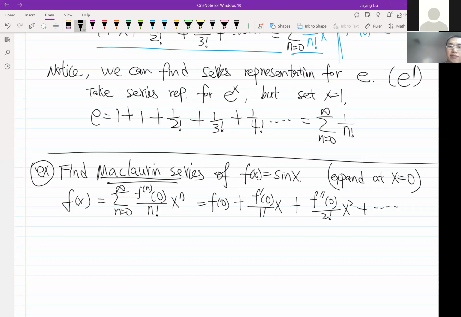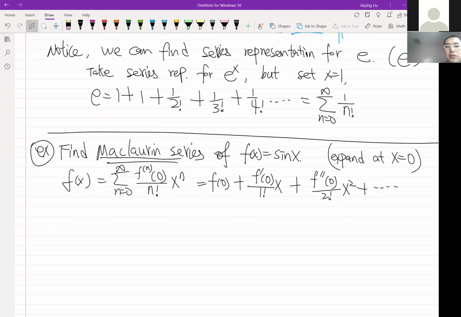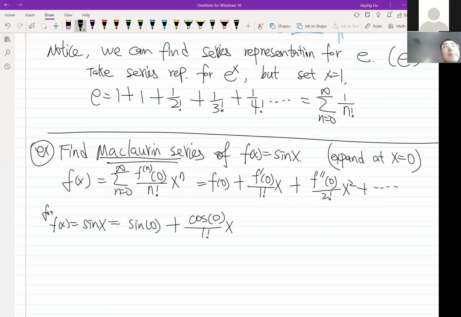So for f of x equals sine x, when we find the Maclaurin series for this function, f of 0 will be just sine 0. And then the derivative of sine, which is cosine, evaluated at 0 divided by 1 factorial times x.